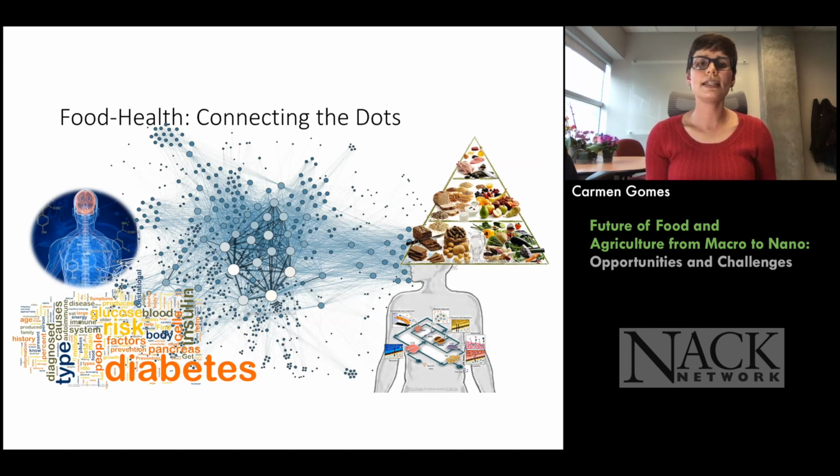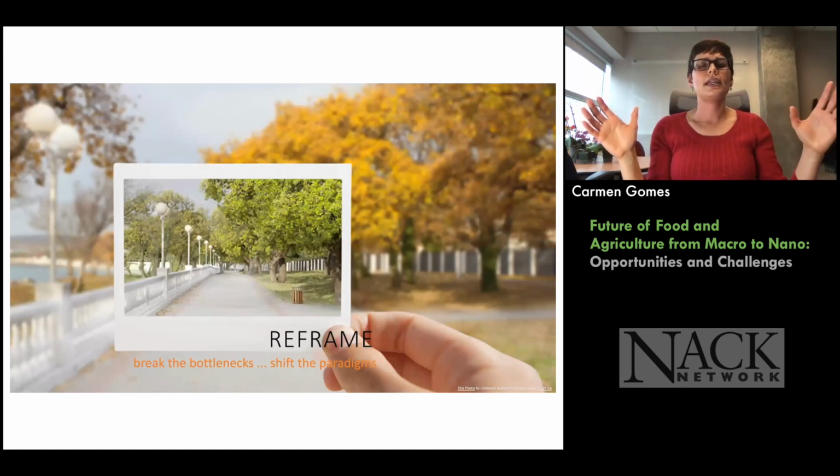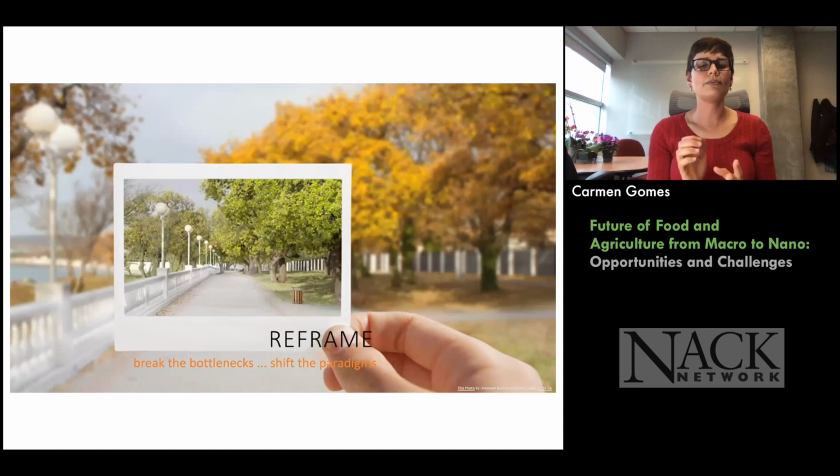So again, the idea here is that hopefully by thinking big and at the same time breaking it down into small questions, and sometimes not really understanding all the components and the interconnections, we still are able to tackle the problem. So we need to, again, reframe our thoughts, break the bottlenecks and shift the paradigms.